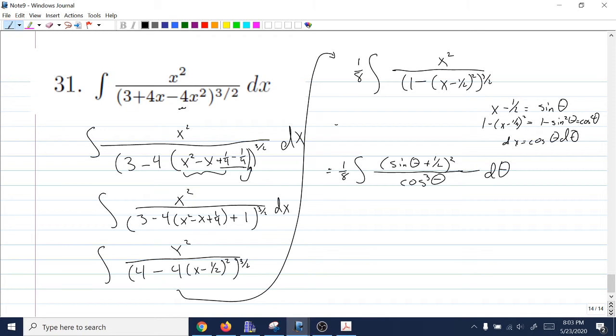So, I get 1/8 integral of, FOIL that out, sine squared theta plus sine theta plus 1/4 all over cosine cubed.